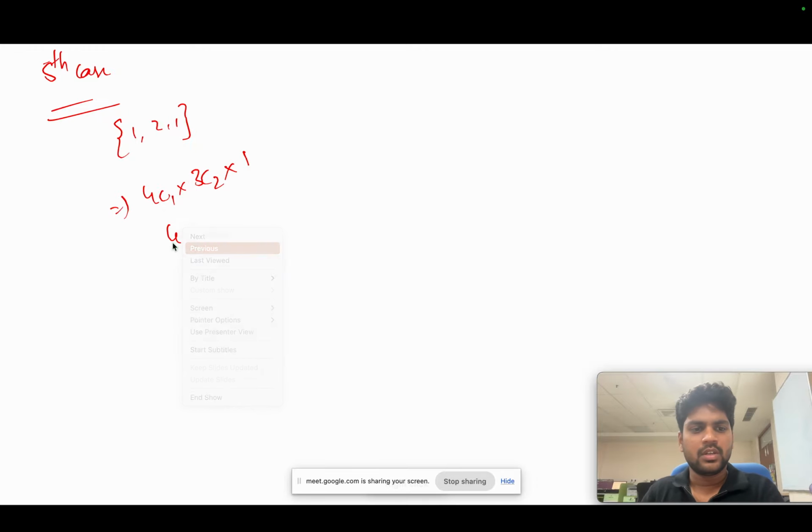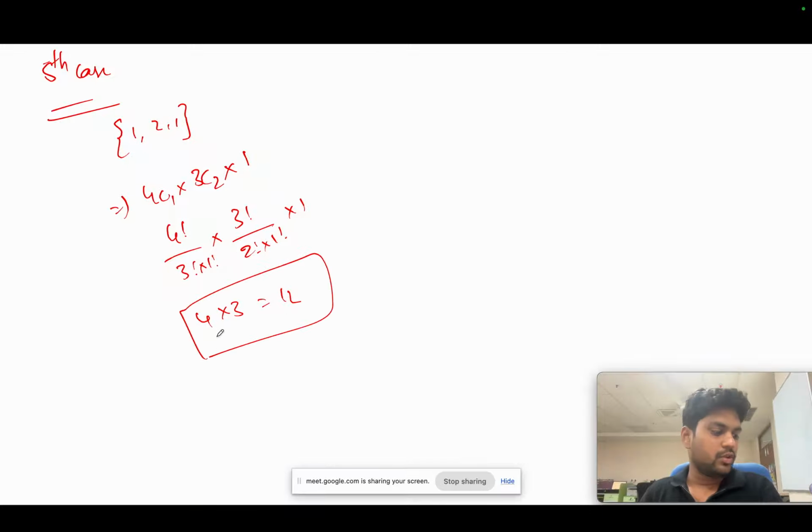So it will be 4 factorial divided by 3 factorial into 1 factorial, into 3 factorial divided by 2 factorial into 1 factorial into 1 factorial. The 3 factorial gets cancelled, so 4 into 3 gives 12. You need to understand whatever you are doing, and remember this.